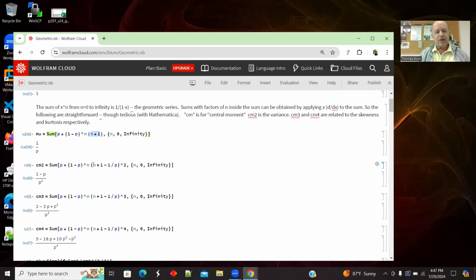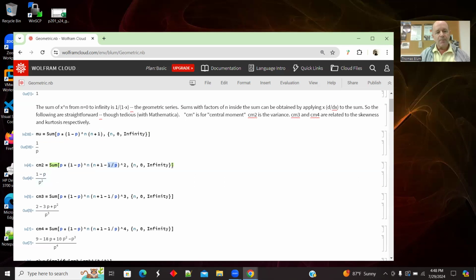If I take the expectation of n plus 1 minus 1 on p, which I know to be the mean, and square that, then I get the second central moment, or the variance.